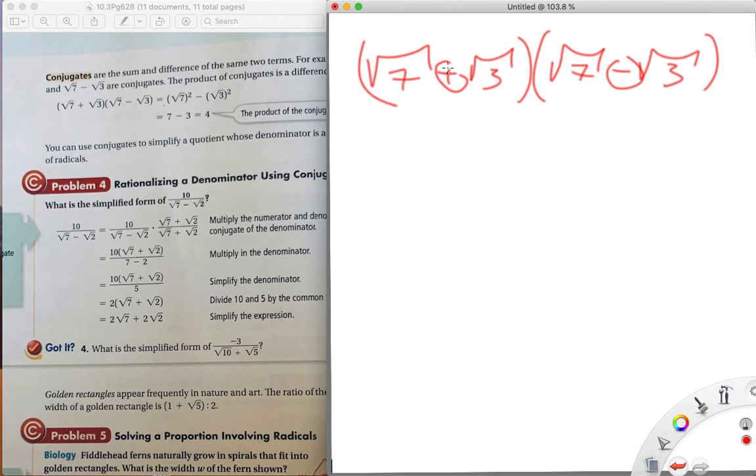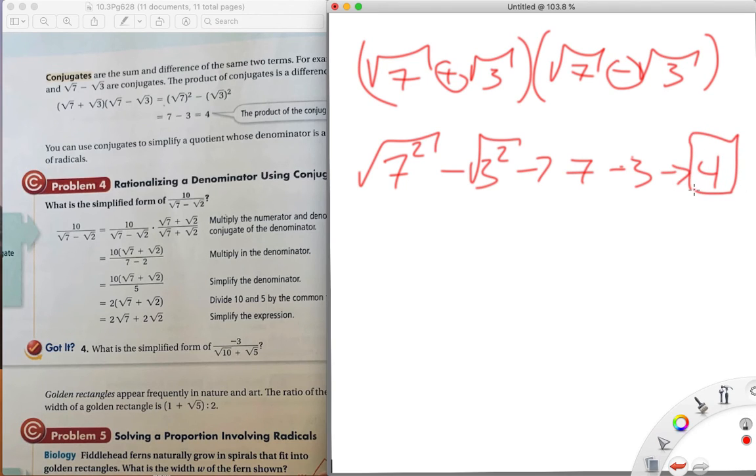And the reason why they're conjugates is because when I multiply these guys, and I have to multiply them, you get 7 squared, 7, right? Minus 3 squared, 3. So when you multiply conjugates, it's always going to be these two numbers and the radical sign goes away. So 7 minus 3, which equals 4.